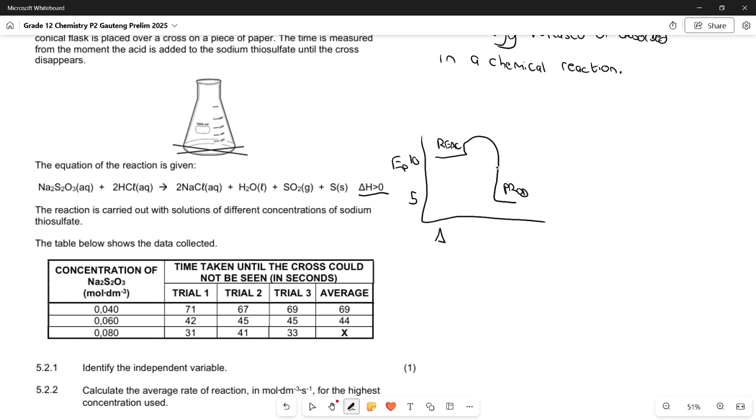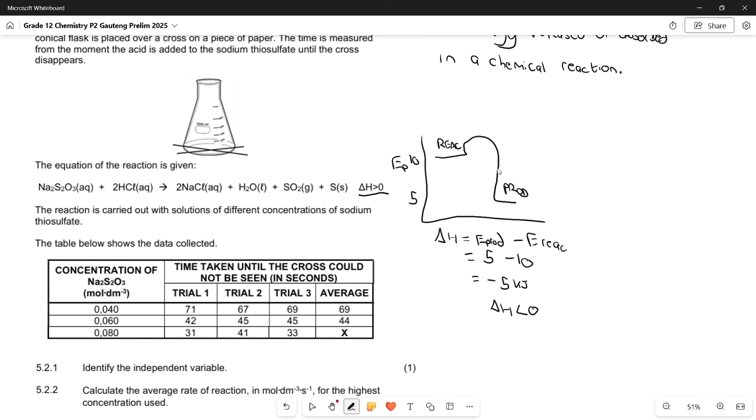The enthalpy change is delta H, and that equals E of products minus E of reactants. If we plug in these values, for E of products we have 5, and for our reactants we have minus 10. This will give us negative 5 kilojoules.